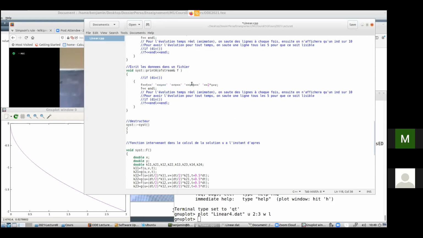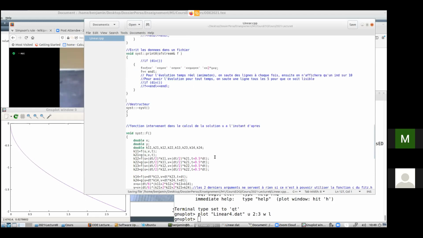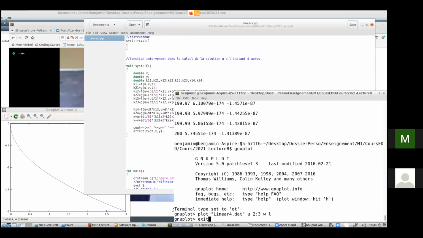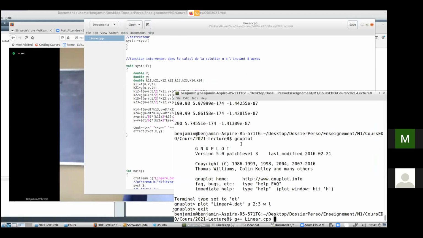And here it's the solution of my initial problem in the x variable, right? So let's do that. I'm going to run the program again.